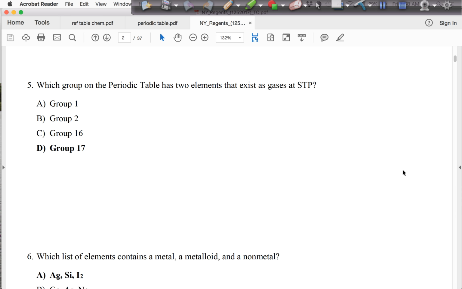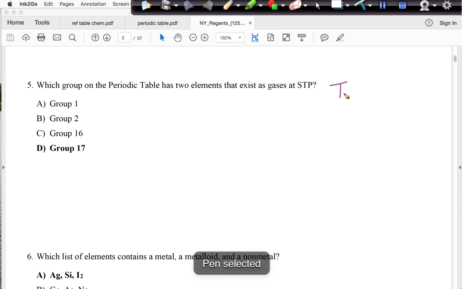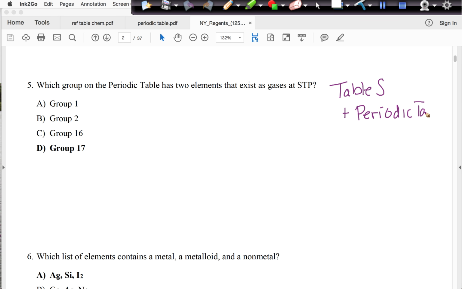Number 5 says which group on the periodic table has 2 elements that exist as a gas at STP. So we can actually use both table S and the periodic table, and we need to look at group 1, 2, 16, and 17.